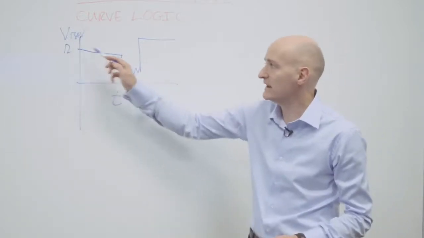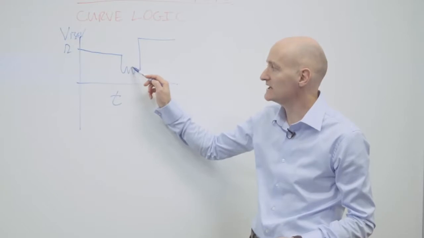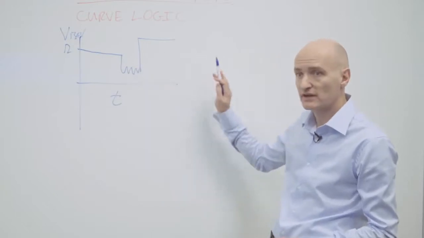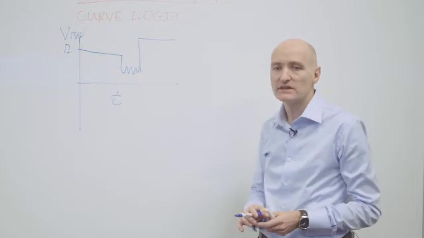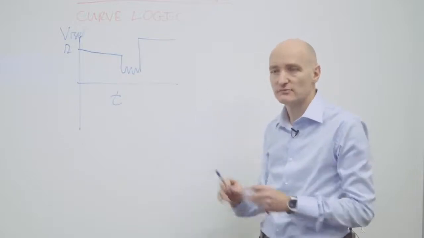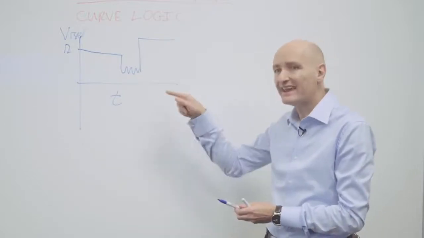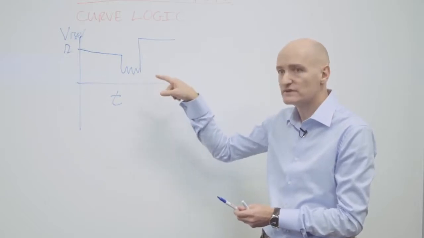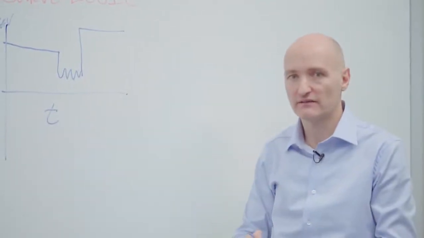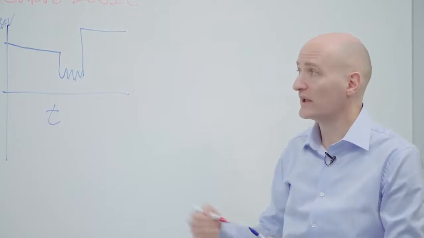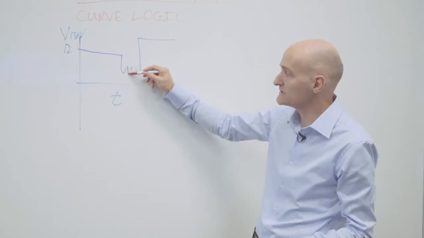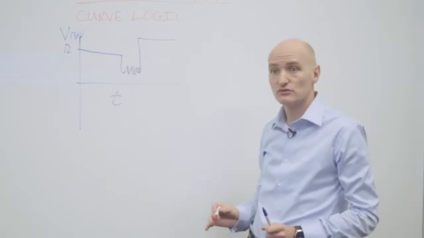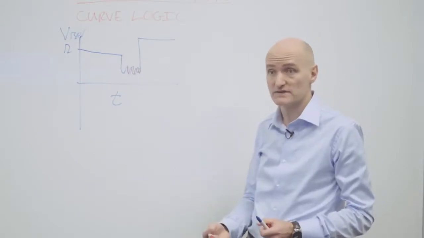And because we send the exact detail of this through the curve logic to the server, we can run machine learning algorithms. Algorithms that humans in the past could only do, that machines can now do, to recognize shapes in these curves that tell us that the battery is going to fail. So the machine learning algorithm will recognize that you're discharging the battery, you left the lights on. It can recognize that the ripples in this curve are too big and that the starter motor is about to fail.